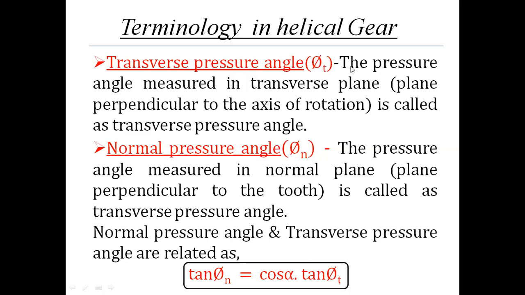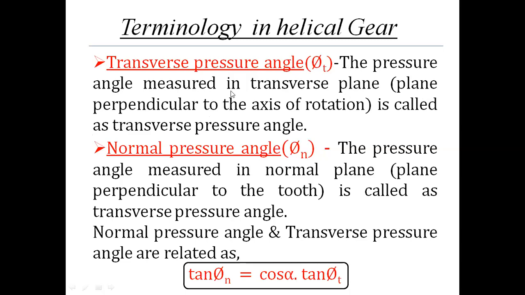The pressure angle measured in the transverse plane, that is the plane of rotation or the plane perpendicular to the axis of rotation, is called the transverse pressure angle, phi t.